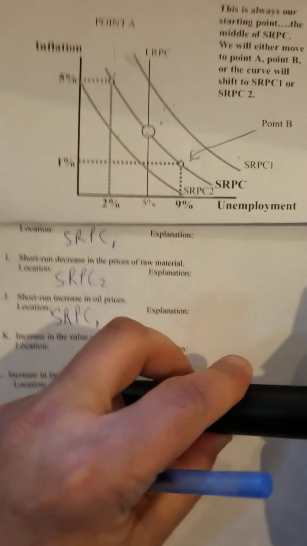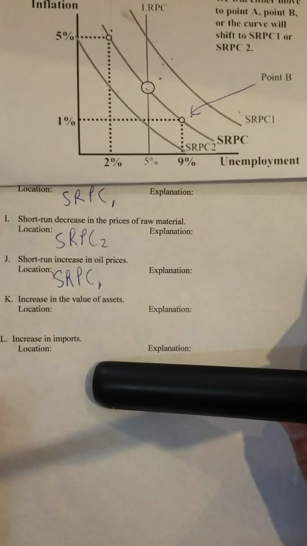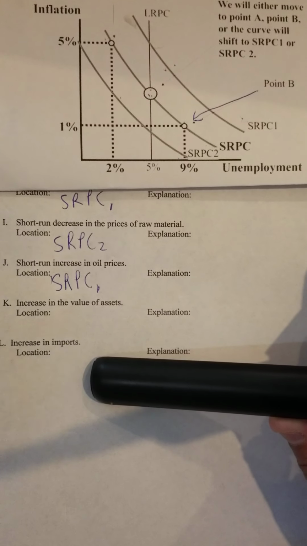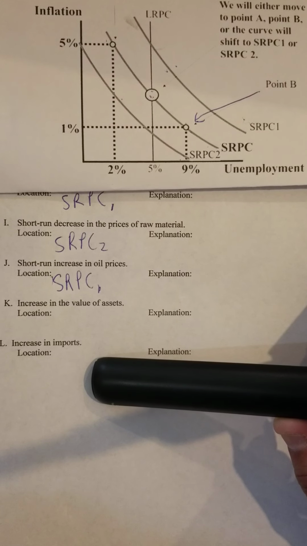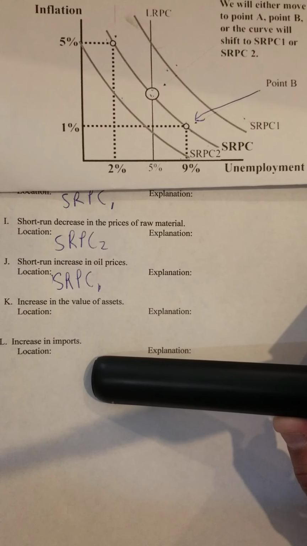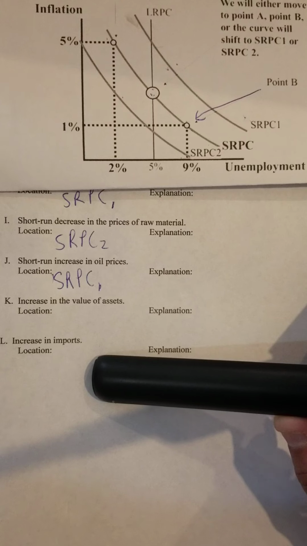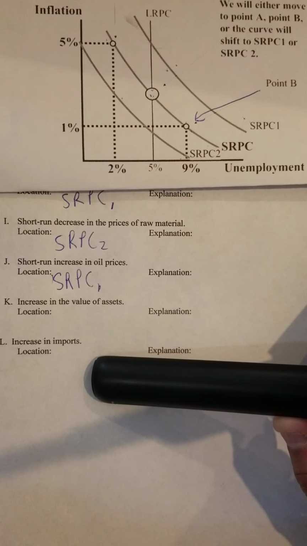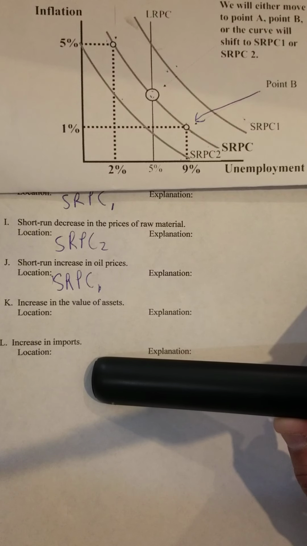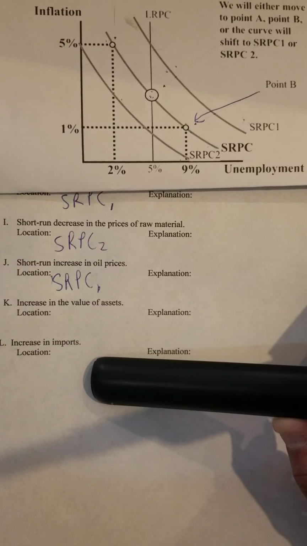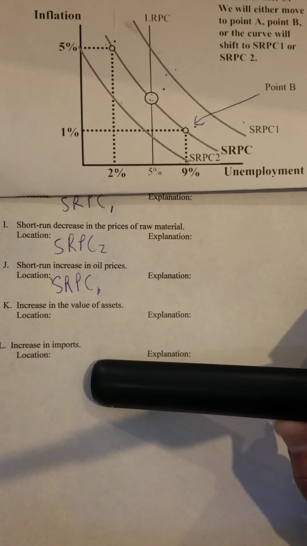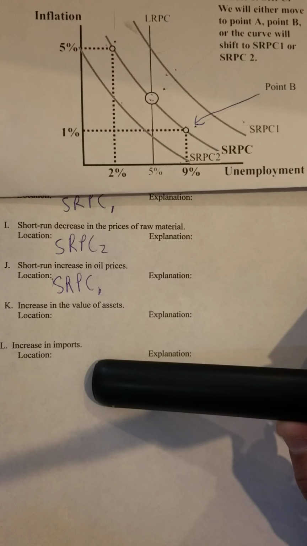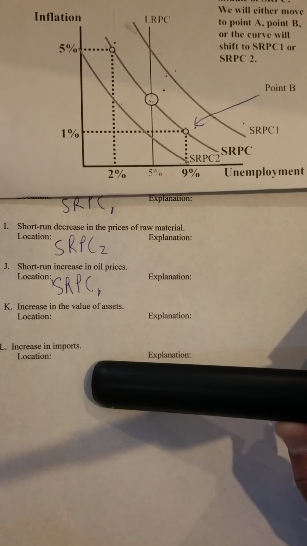Okay, next one. Oh my gosh, I'm going to have to think. An increase in the value of assets. Okay, so now we want to think that people's housing prices grow in value, people's stock prices grow in value. Essentially, when your assets grow in value, whether you're a company or whether you're an individual, it's kind of like times are good.